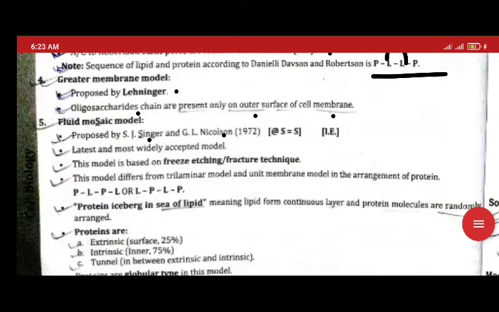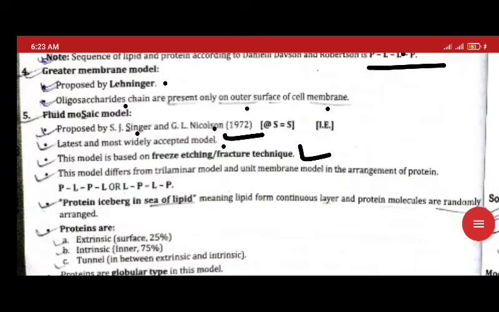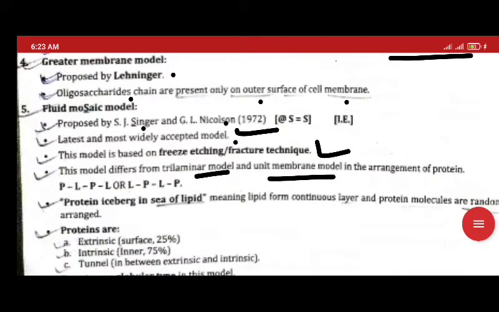This is the most accepted model, based on the freeze etching or fracture technique. This model differs from both the unit membrane model and the Lehninger model in that protein is like an iceberg in a sea of lipids.